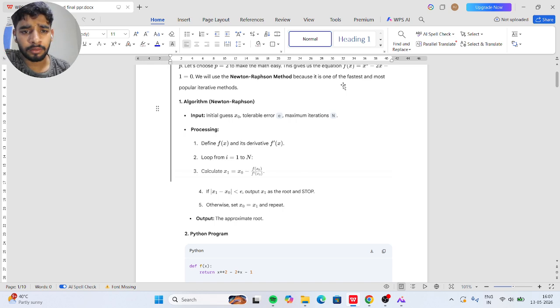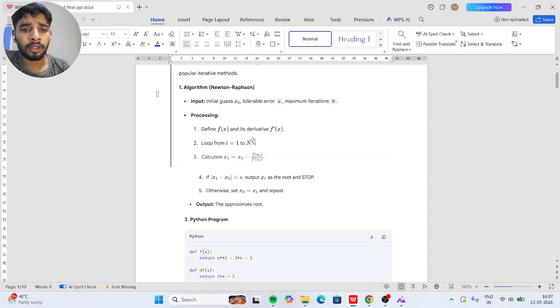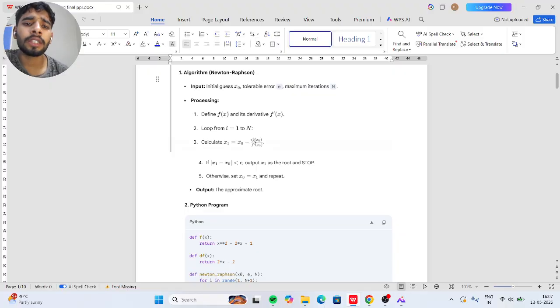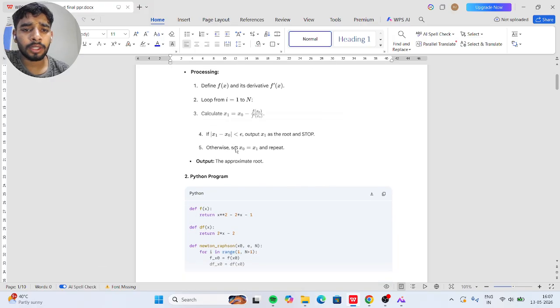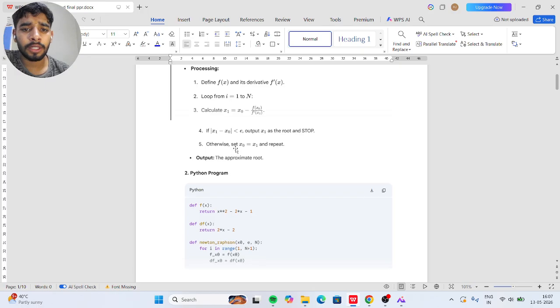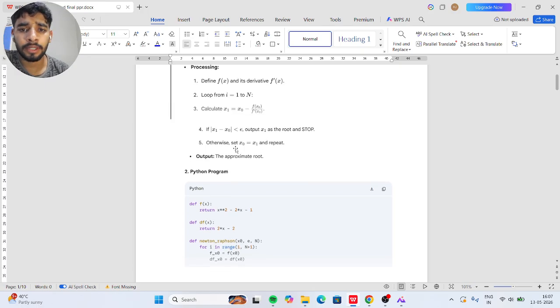popular iterative methods. Firstly, we will write the algorithm. It goes like this: first, we take as input the initial guess, tolerable error, and maximum iterations. Now, processing: we define the function f(x) and its derivative f'(x).